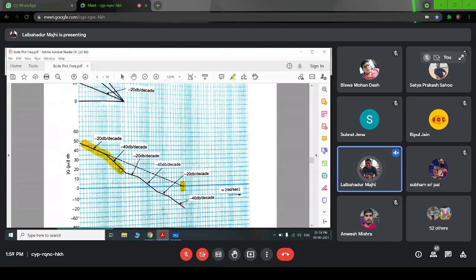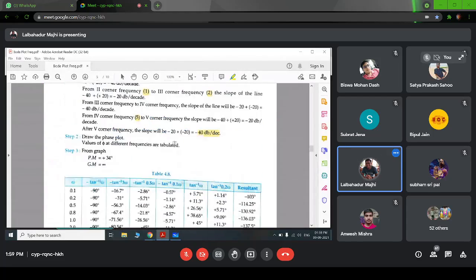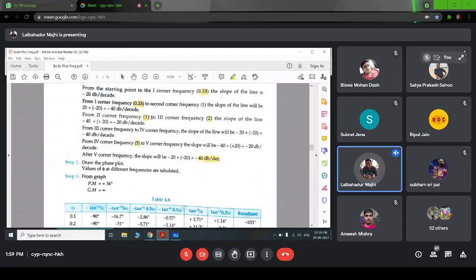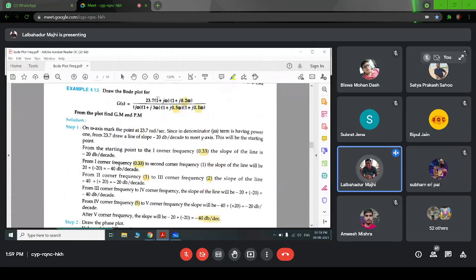Similarly, we have to see what is the next corner frequency. After 0.33 the next corner frequency is 1, right? This 1 comes from a zero, from this 1 plus j omega, which is the corner frequency of this 1 plus j omega.